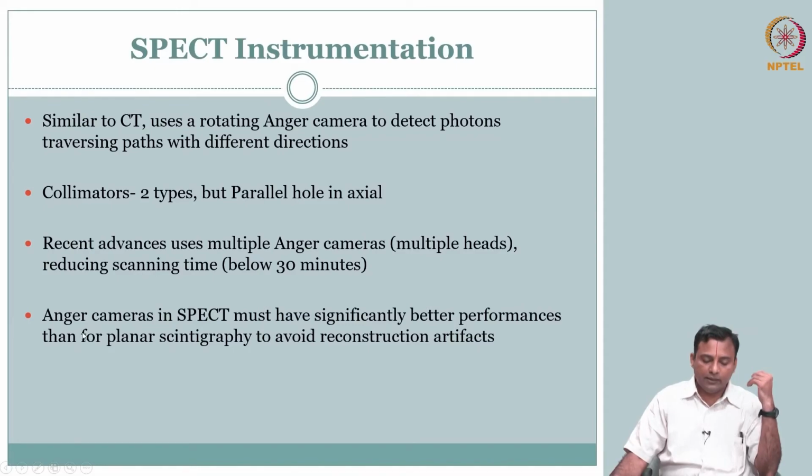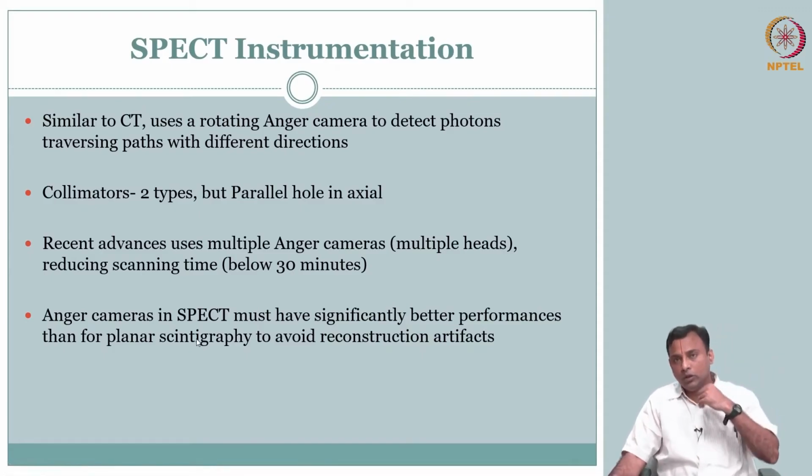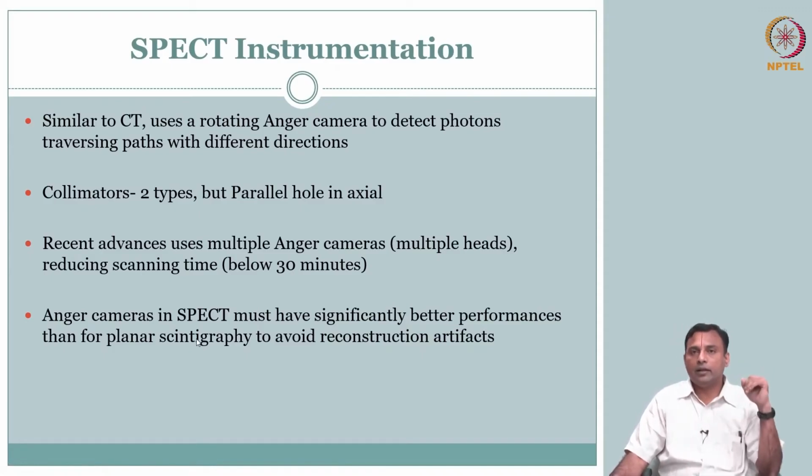Having said that, the idea here is because you are going to do the reconstruction, your camera should be a little more sensitive, right? So it has to have a little better performance than your planar scintigraphy, because you are using this as an estimate to get an unknown. You are trying to locate the source where the radioactivity is coming from.